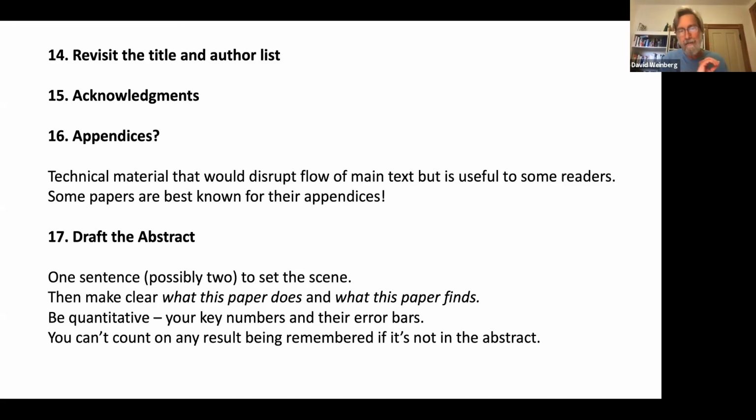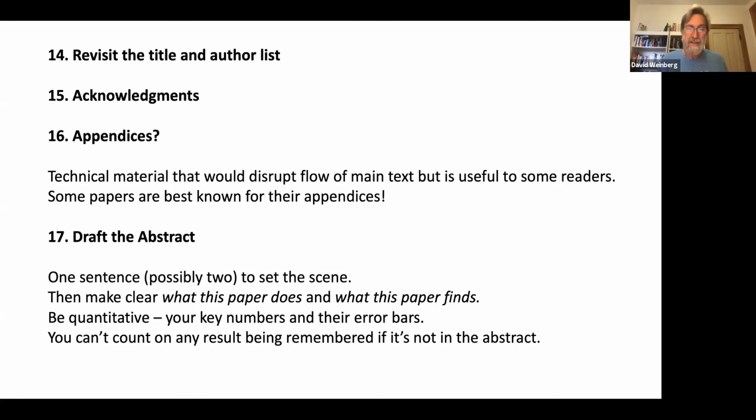And my advice on abstracts: there's one sentence or maybe two sentences that set the scene. There is a long established correlation between masses of black holes and bulges of galaxies, or something like that.